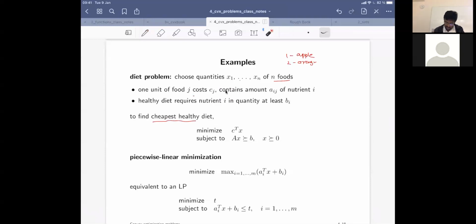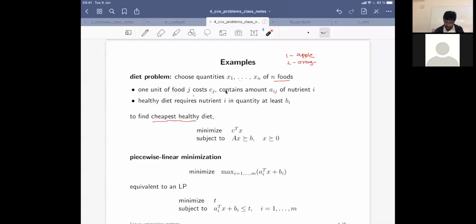Let's see the framework. I am buying x1 quantity of apple, x2 quantity of orange, like that xn quantity of food n. The cost of a particular food, the jth food, for example apple, let's give an index for apple, 1. So c1 is the cost for a unit of food, for example 1 gram of that.